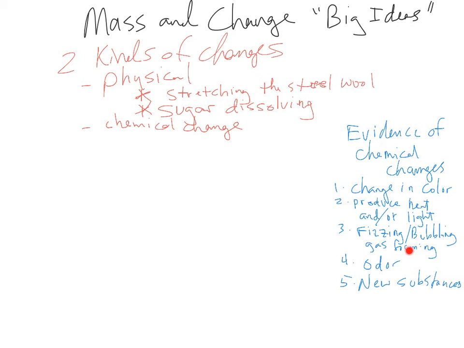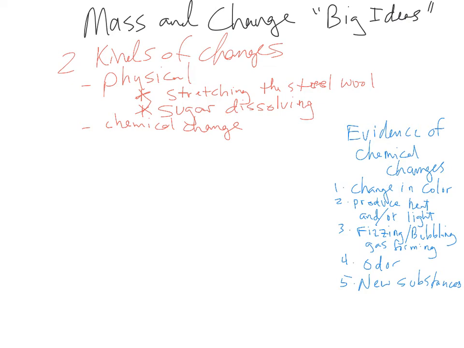If a gas is being produced, that's a new substance that formed, but it doesn't have to be a gas. It could be other things that are formed, like rust on the steel wool would be an indication of a new substance. So anyway, this list here, an important list of evidences of changes that are chemical.